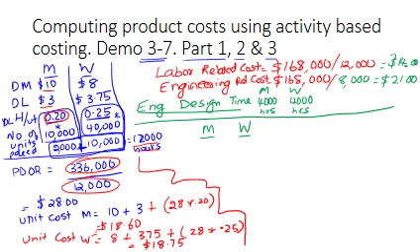So $14 is the labor related cost for the labor cost bucket, and then we know that 2,000 hours is what is being taken by M. So $14 times 2,000 hours is 28,000 for M, and then likewise here for W it's $14 times 10,000.